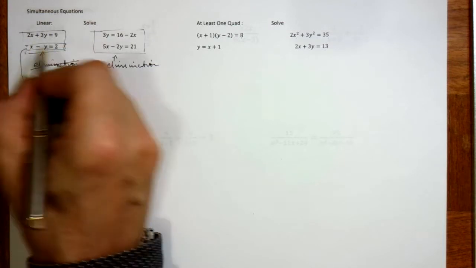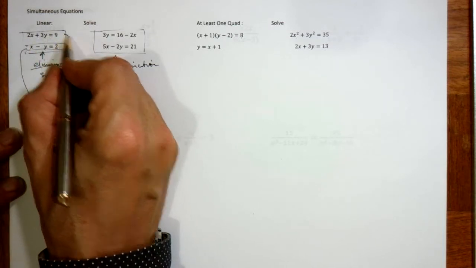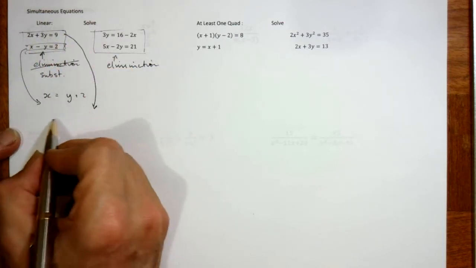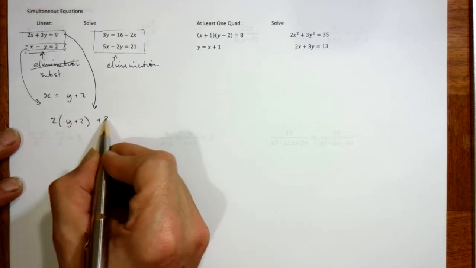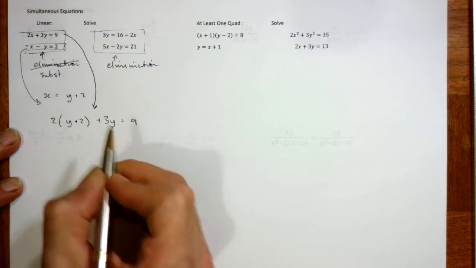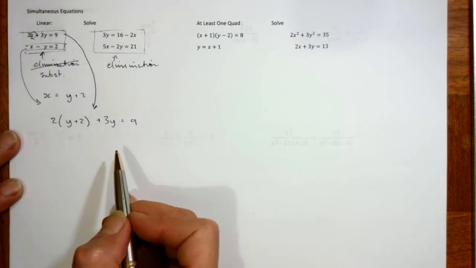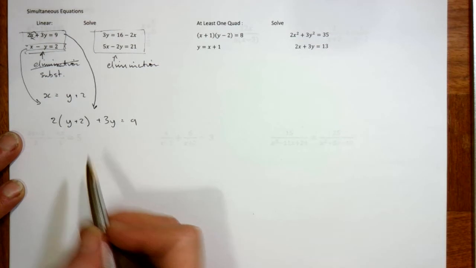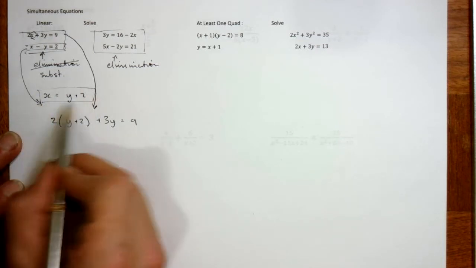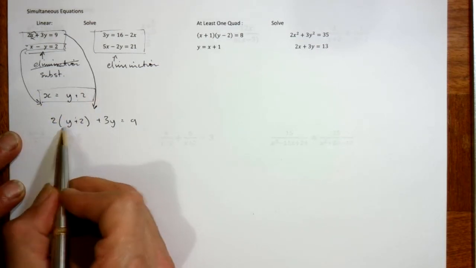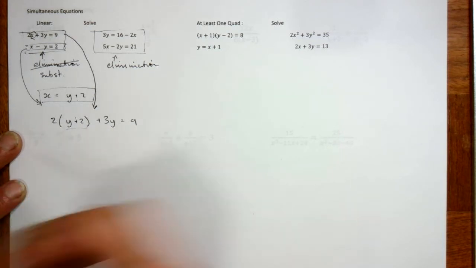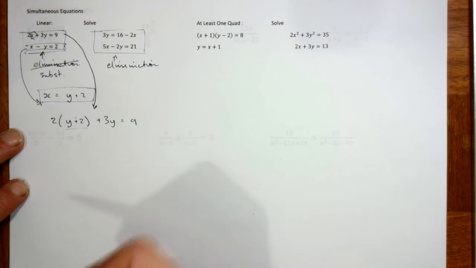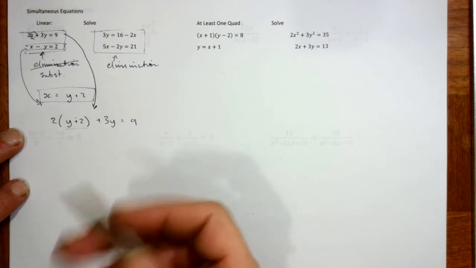And then the first equation is going to turn into 2 lots of y plus 2, plus 3 lots of y, is equal to 9. So where we saw x in that equation, we've substituted x is y plus 2. Multiplying the bracket out, collecting like terms, and then we can solve the equation and find the y value.